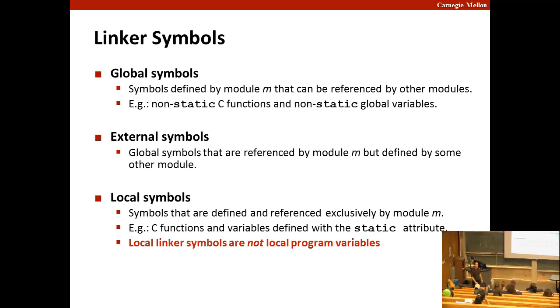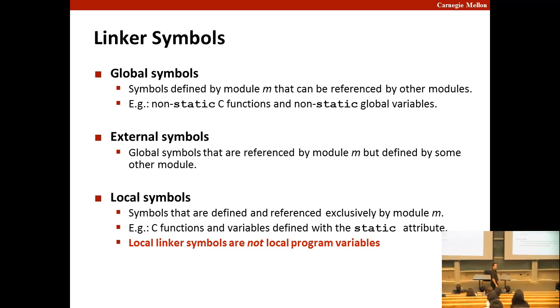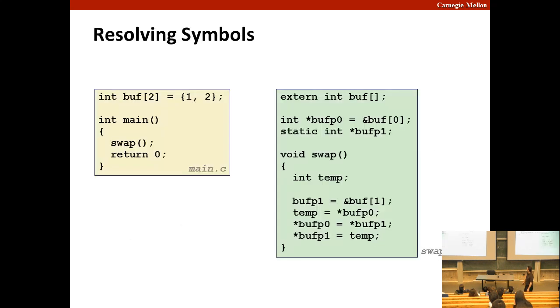The uses of those variables in that other file are known as external symbols. Does that make sense? Local symbols: if I have a variable that I declare static, so it can only be used within a file, or a function I declare static because it's a helper function and I only want it to be used within that file, those are going to be my local symbols.